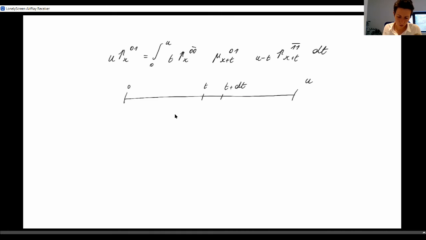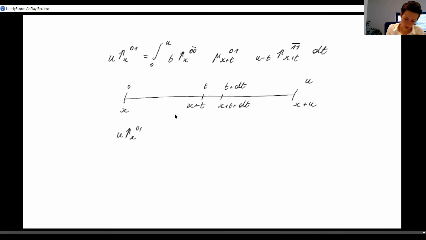We look at age x and x plus u, and we put x plus t, x plus t plus dt in between. And what we want to know now is the probability u p x 01, the probability that you're going to go from state 0 to state 1 over this interval of time.